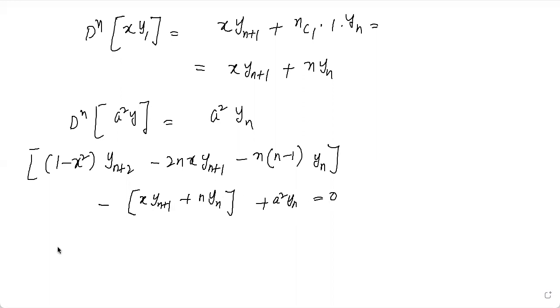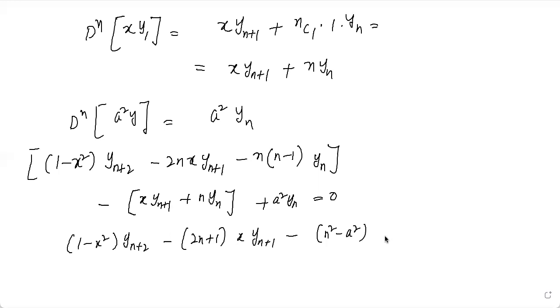So hence we obtain the final result, that is 1 minus x square y n plus 2 minus (2n plus 1) x into y n plus 1 minus (n square plus a square) into yn, which is equal to 0. So we got this result now.